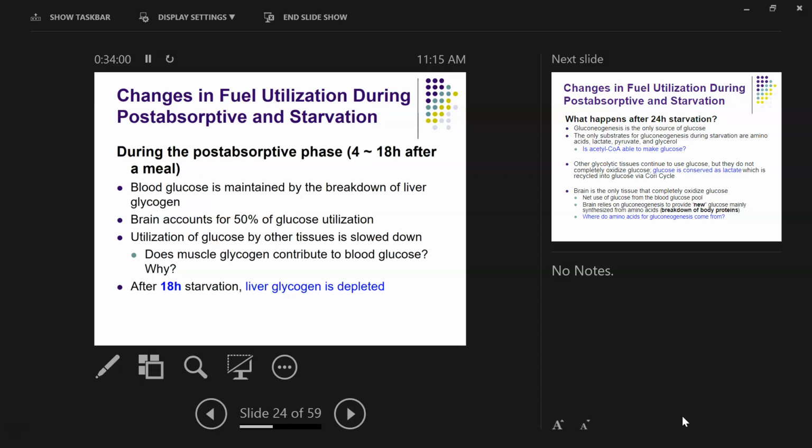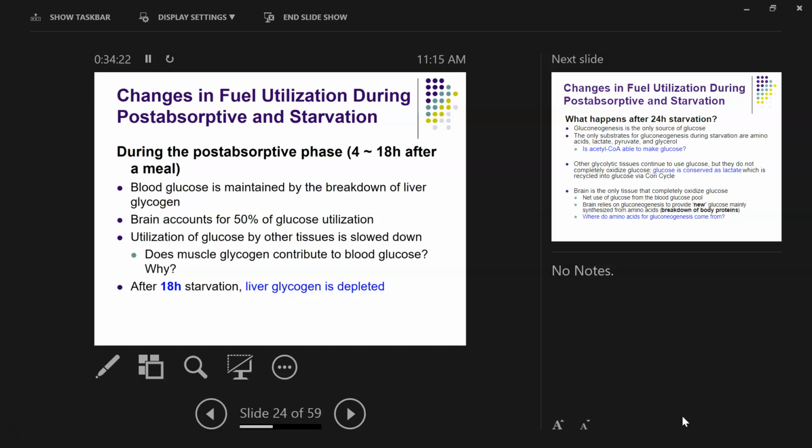The 4 to 18 hours after a meal, right? This duration is phase 2, right? Phase 2. So blood glucose level is maintained mainly by breakdown of liver glycogen, right?